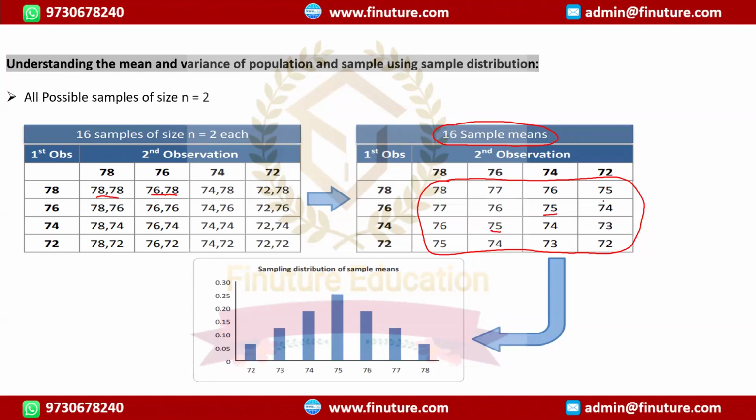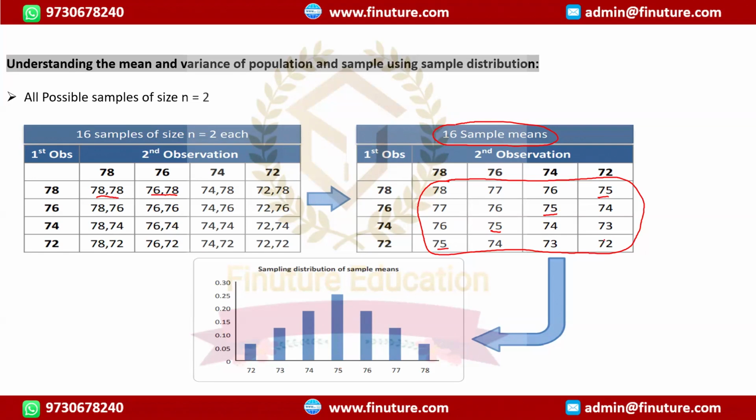You see here it's appearing 4 times out of 16 sets. So the probability of 75 is 25%. So this is the distribution of sample means. In the distribution of sample means, 75 has the highest probability, which is 25%.